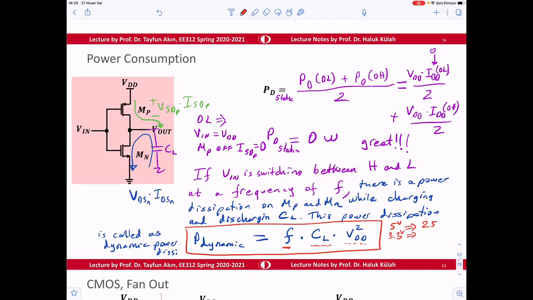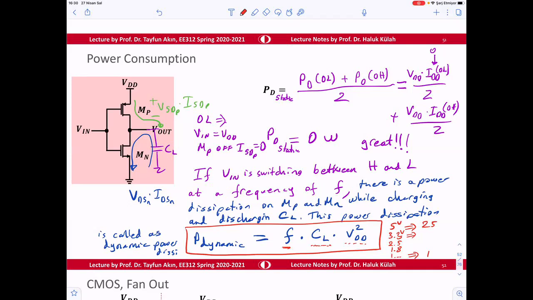And then later on, people dropped that to maybe 2.5 volt, 1.8 volts, maybe lower, 1 volt or so. The whole idea is to decrease that value. So a significant advantage is obtained here by changing the supply voltage.